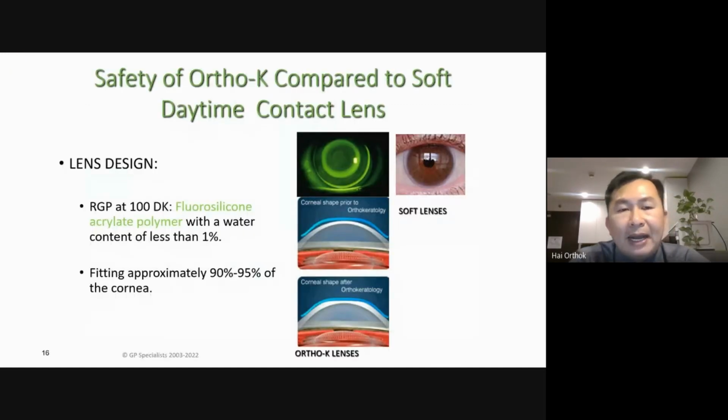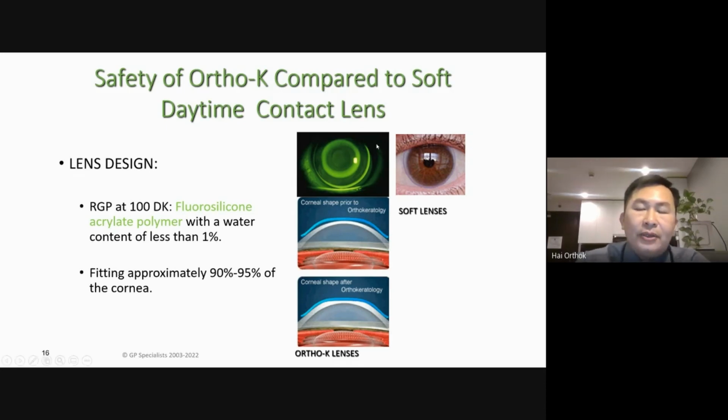My first lecture might be boring to practitioners who know Ortho-K, but please wait for the other 7 lectures. We have to be able to explain to the patient the difference between the soft lens and the hard lens.